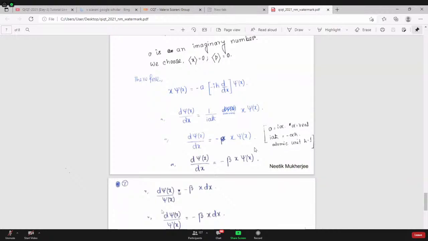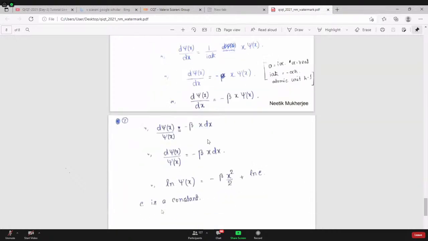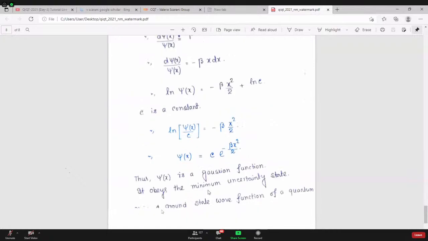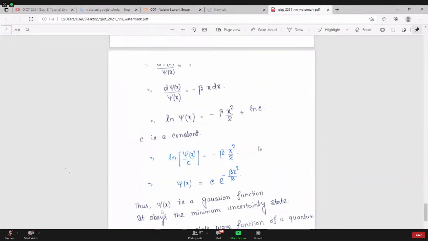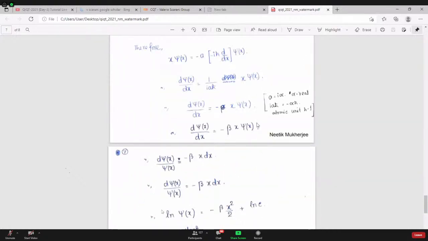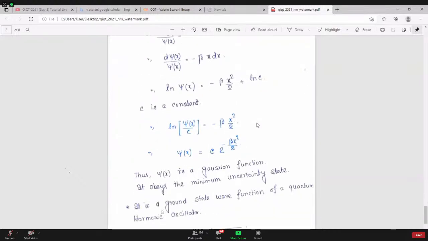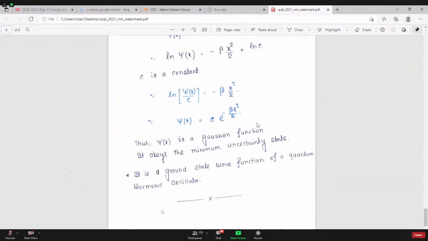With simple mathematical manipulation, we arrive at an expression that is a Gaussian function. So if psi is a Gaussian function, then it obeys the minimum uncertainty state, and we know that this psi is the ground state of the harmonic oscillator.